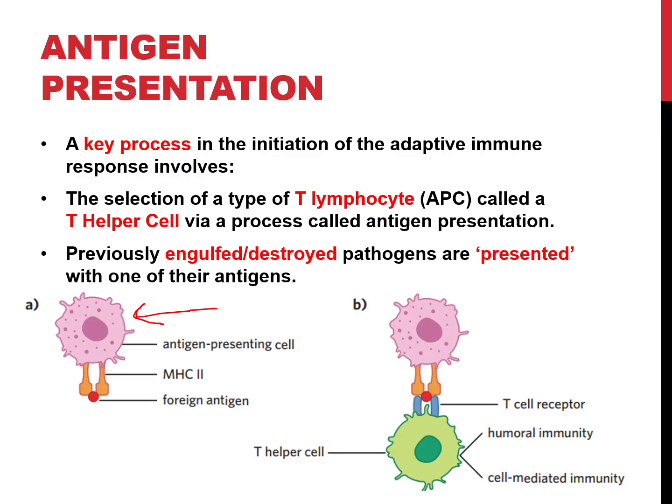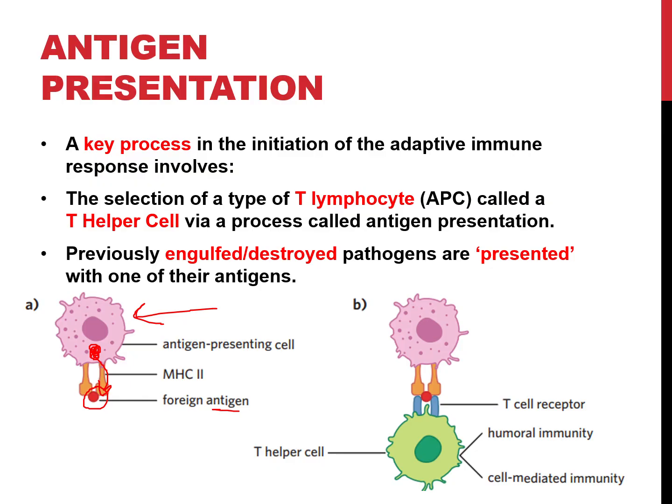It's found some sort of pathogen here, and then it's found an antigen, as you can see here, foreign antigen. And those antigens will be in here. Because it's a special cell, it will move it onto its MHC2 marker and present it, just like me holding up a sign. It's presenting something.